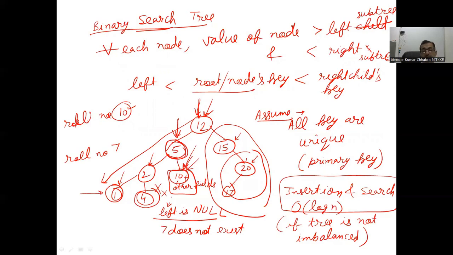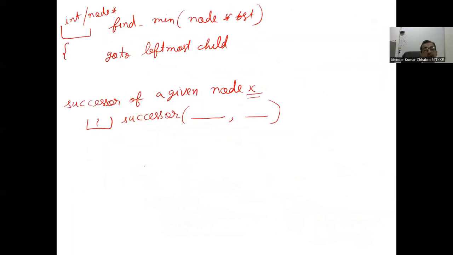But maybe I can say just to find out the successor of 1. Successor of 1 is 2. So there is not very much clarity about what the successor will be. So let's take some sample case from where the logic can be made. So I have 12, 5, 2. Let's assume this side I have 15.